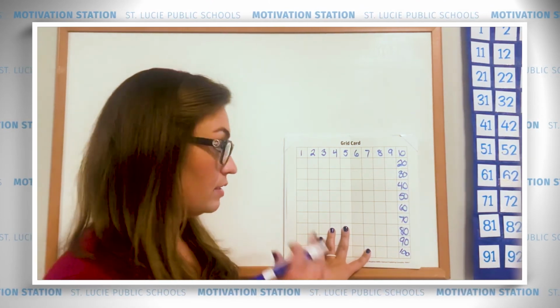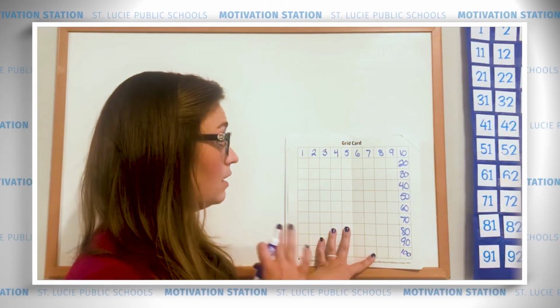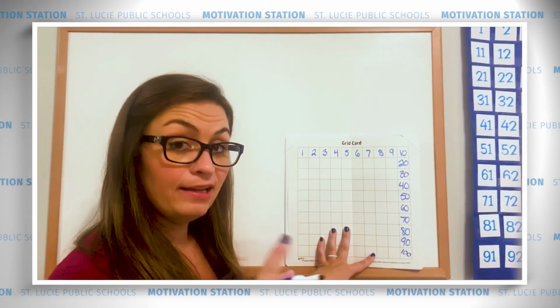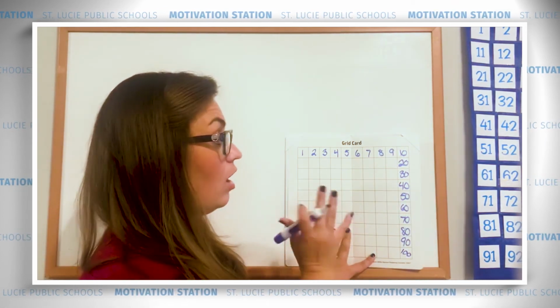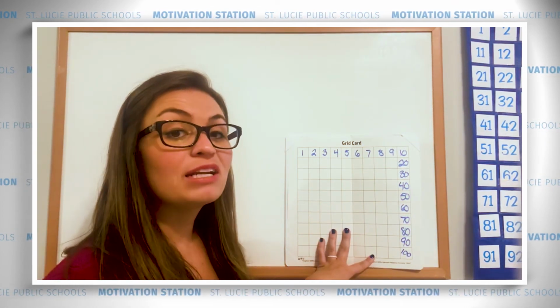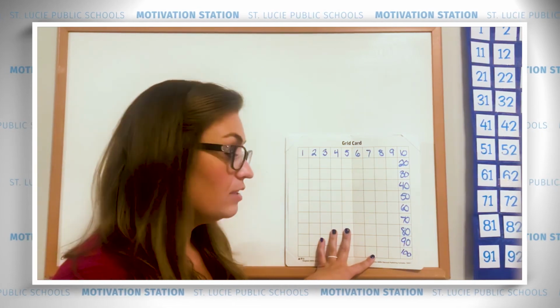Today we're going to use this grid card to work on groups of 100. I am going to take 1 minute to draw as many dollar signs as I can on my grid card. And then we're going to see how many more I would have needed to draw to get to 100. You ready? Me too. Let's get started.